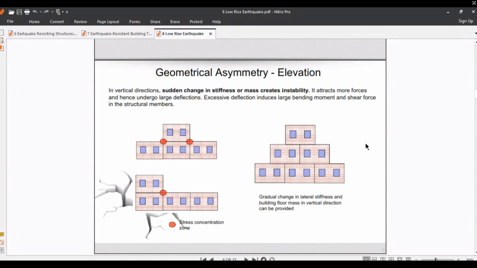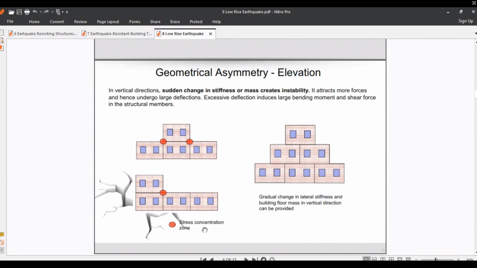In this geometrical asymmetry in the vertical direction, a sudden change in stiffness or mass creates instability. It attracts more forces and hence undergoes large deflection. Excessive deflection induces large bending moment and shear force in the structural members, as shown in these shapes.